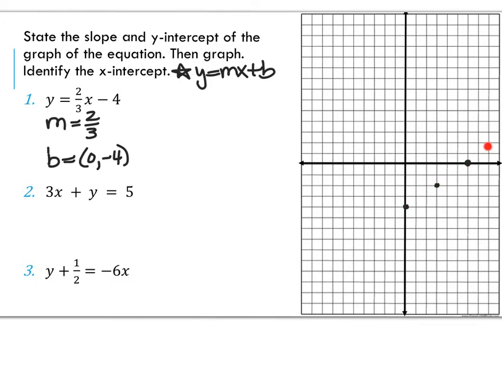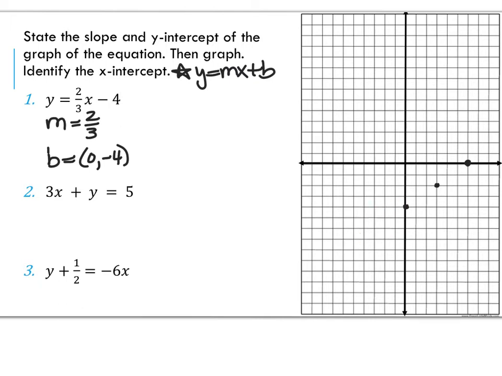If I were to connect these points with a ruler, the line's going to go over here as well. Notice how if I were to walk up, it would be going uphill because it's a positive slope. So I do want to make a couple points going back this way as well.